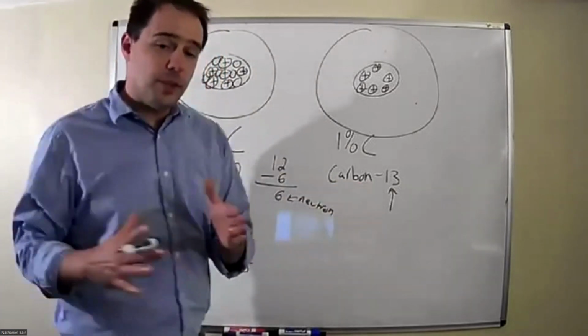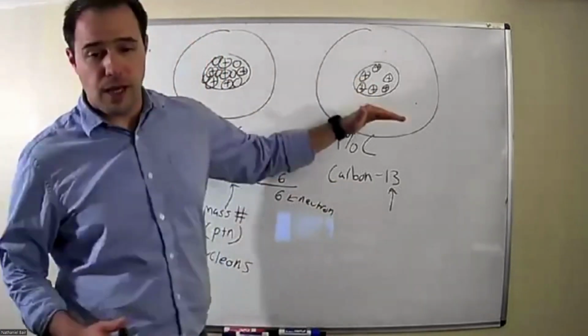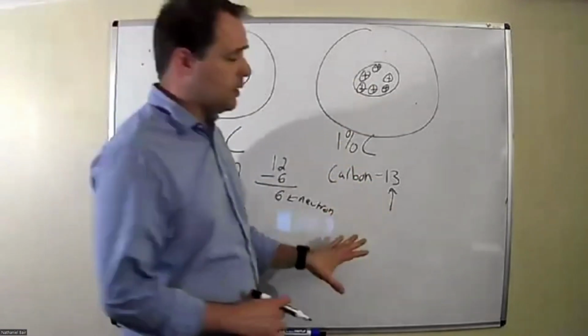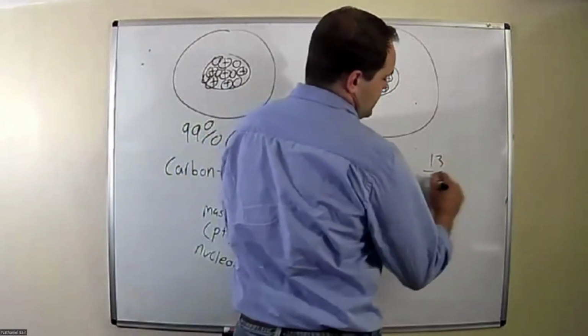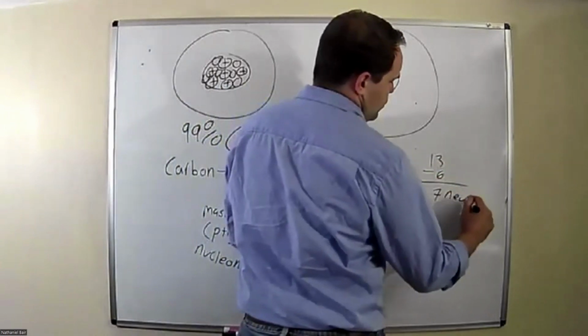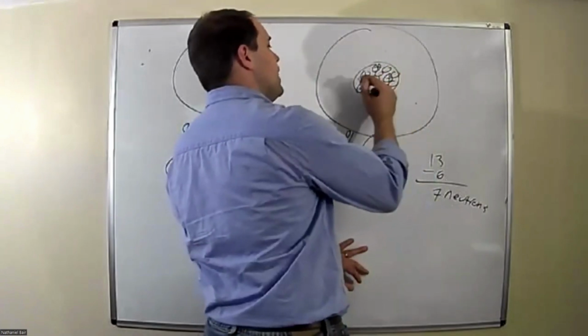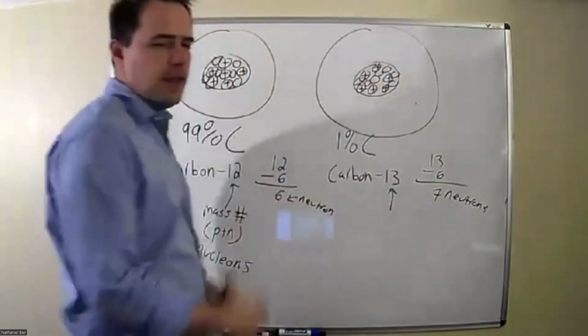Carbon-13, again, you don't have to be a genius. Carbon's got 6 protons. This isotope of carbon has got 13 things in the nucleus. If I do 13 minus 6, I must have 7 neutrons in my nucleus. This guy's got 1, 2, 3, 4, 5, 6, 7 neutrons in there.